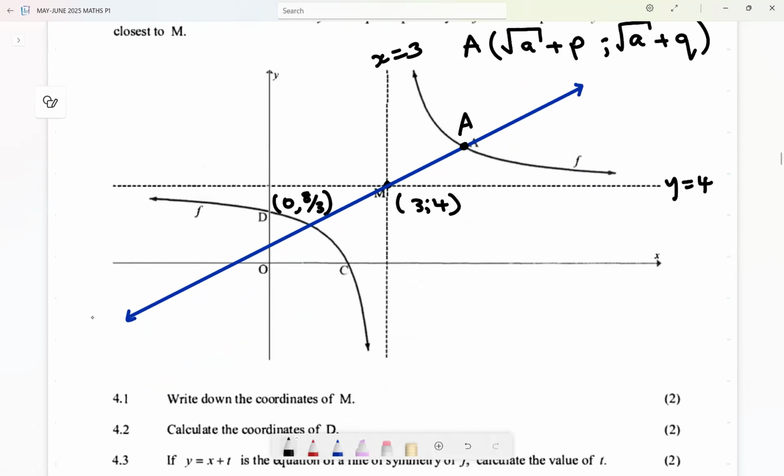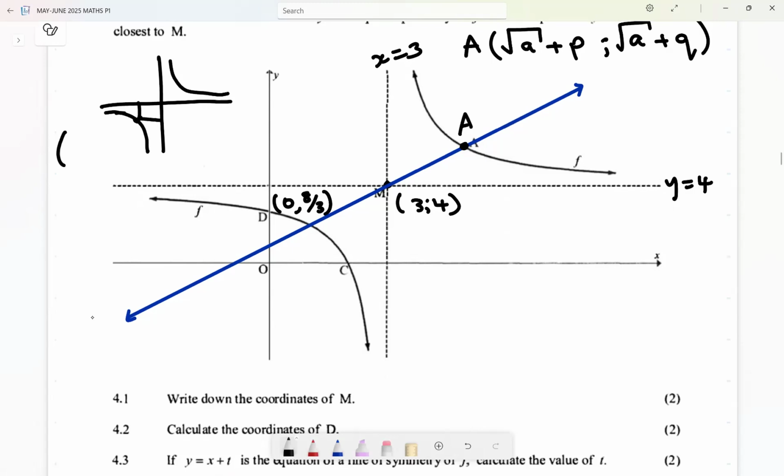They were talking about this point. Let's say we had a graph like this. If I were to apply that here, the point closest to M, I would have said the y are going to be negative and the x are going to be negative.